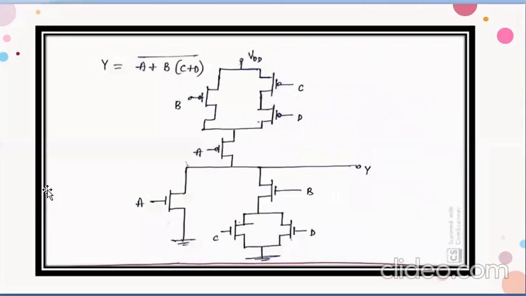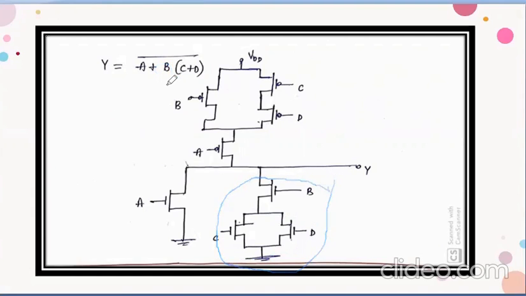Now let's see one more expression: A plus B into C plus D. Now C and D are in summation, so we connect them in parallel. Now C plus D is a product with B, so we connect them in series.